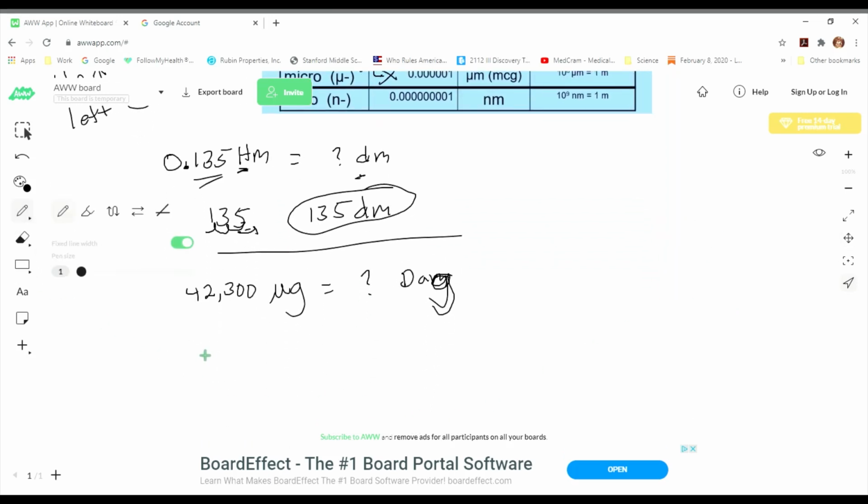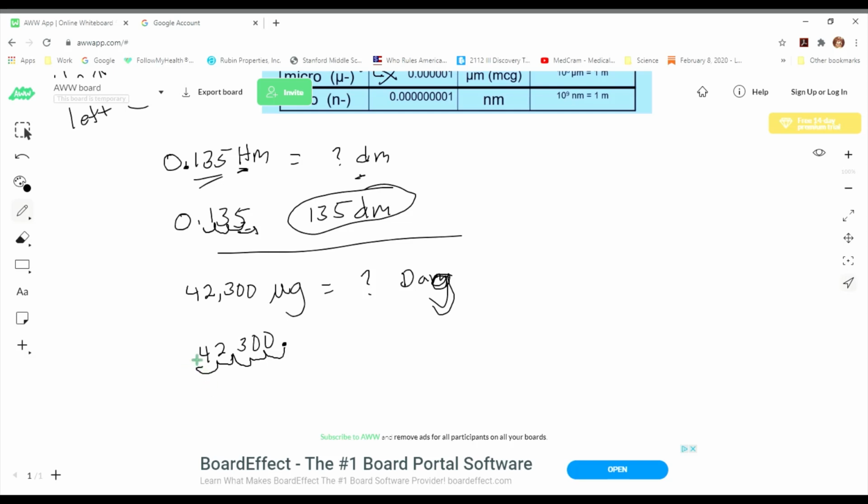We have the number 42,300 micrograms, and our decimal is at the end. We're going to move it 7 times to the left to get decagrams out of it. 1, 2, 3, 4, 5, and we run out of digits.